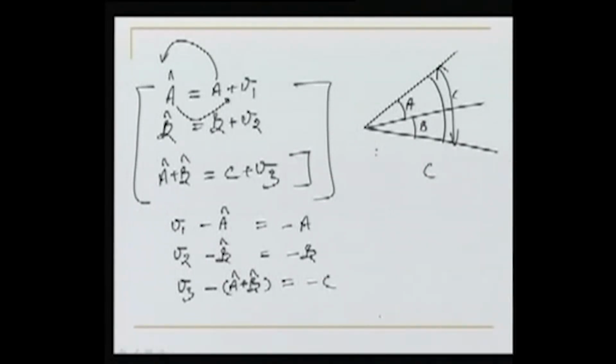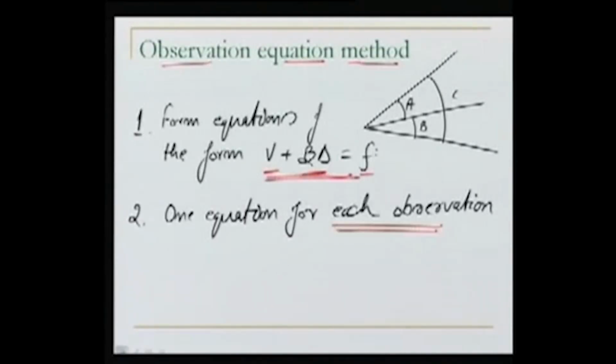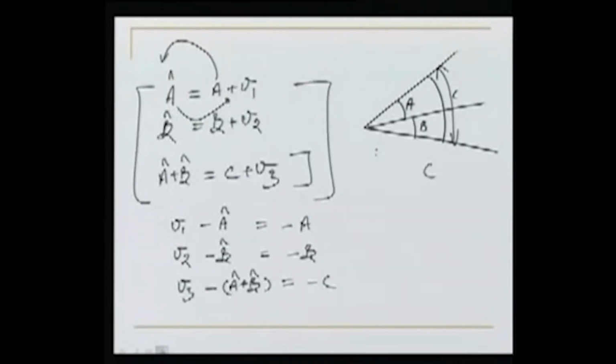Now we have to write it finally, as we saw, in this form: V plus B delta is equal to F. We know that in our observation equation method we reduce our equations to this form. So how can we write it here? Our residuals here are V1, V2 and V3.